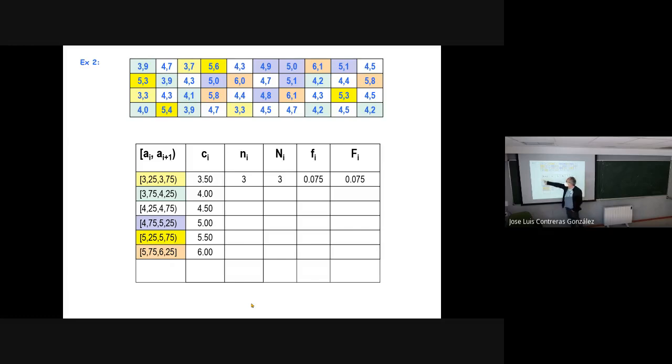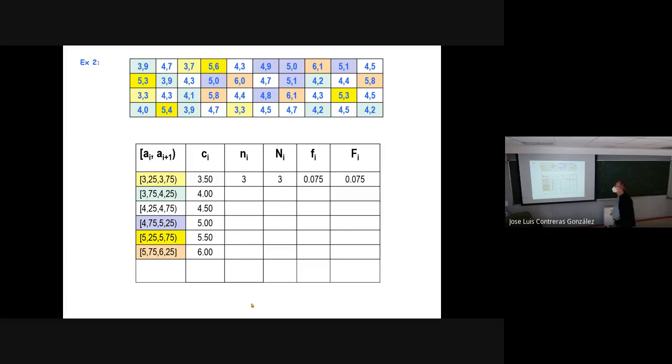The first interval is the rooms which are between 32.5 euros and 37.5 euros. Second interval, third interval, and the most expensive rooms are those going from 57.5 euros to 62.5 euros.